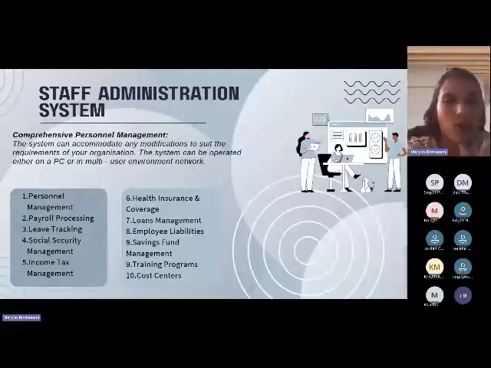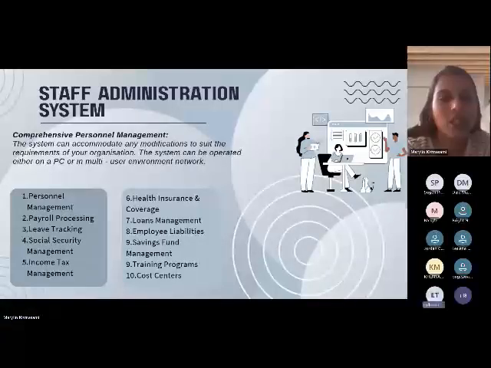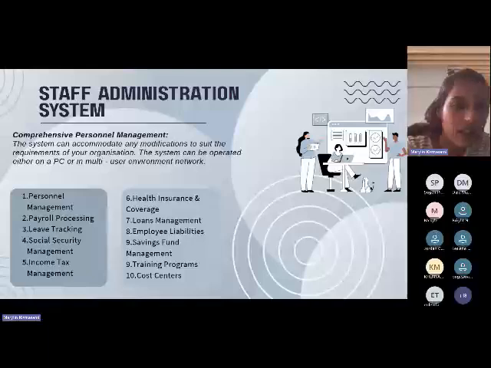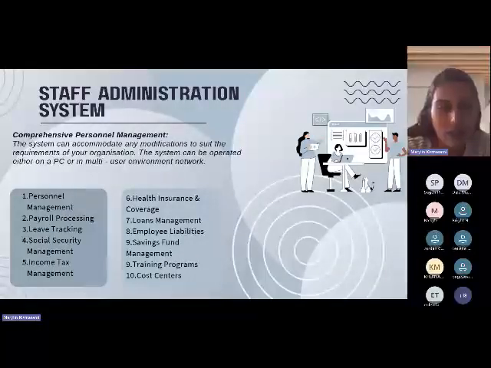Why would you say that a staff administration system is important? Okay, it's efficiency. Adding an employee to the system automatically updates all related modules, allowing you to save time. Accuracy: you have real-time data checks, and you ensure that records are valid and consistent because you're constantly updating the system.